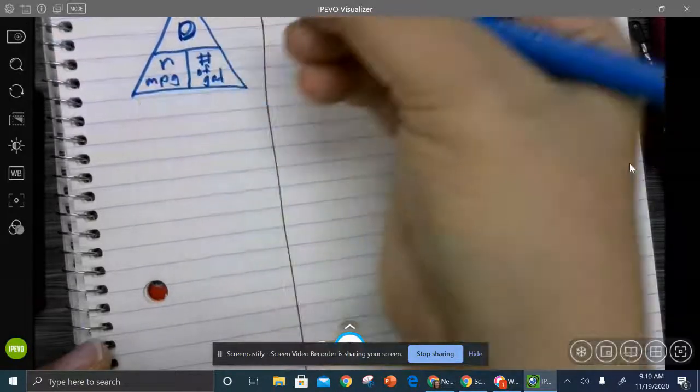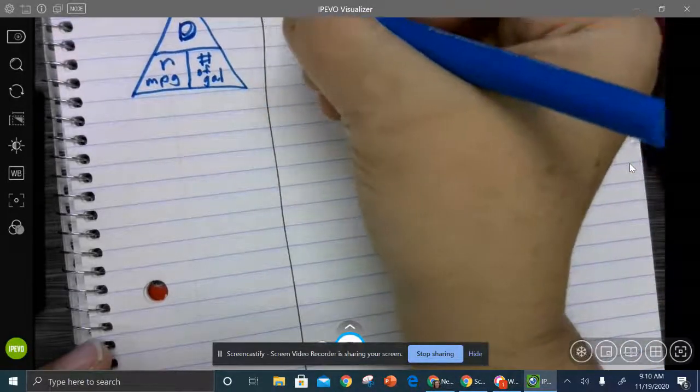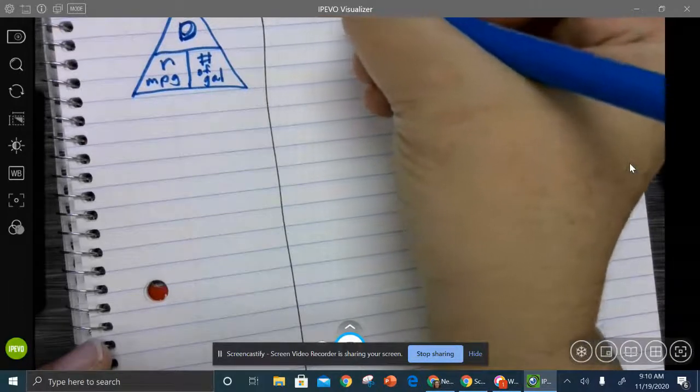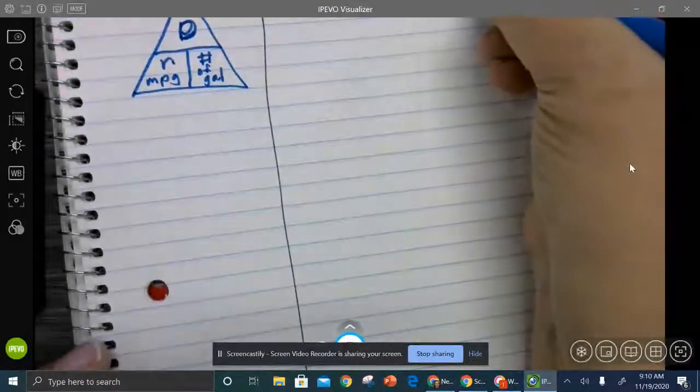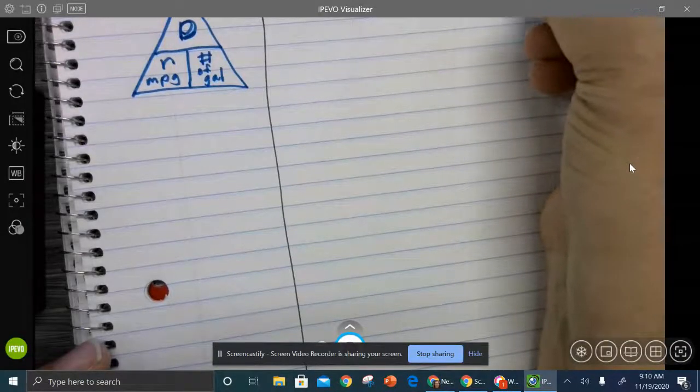So miles per gallon. So we could use this. Distance is equal to miles per gallon times the number of gallons.